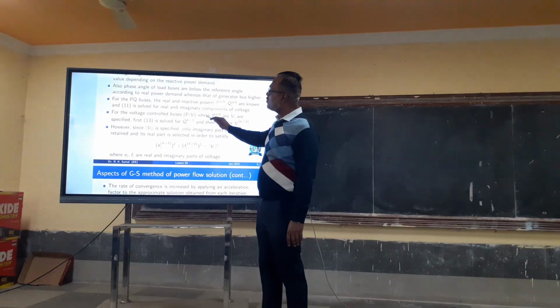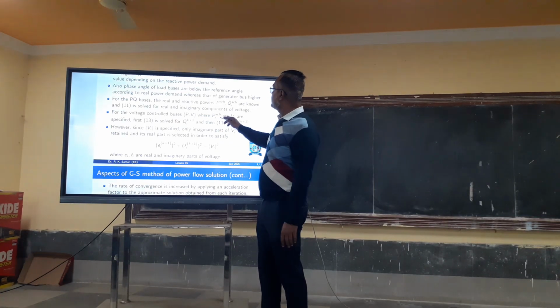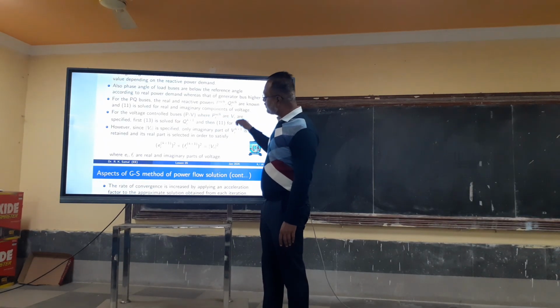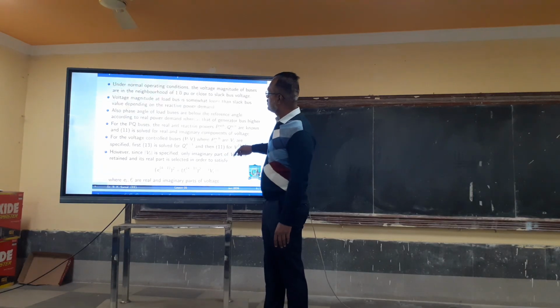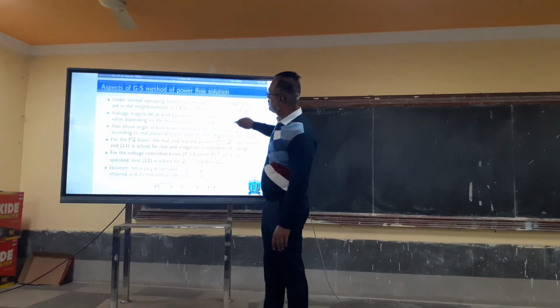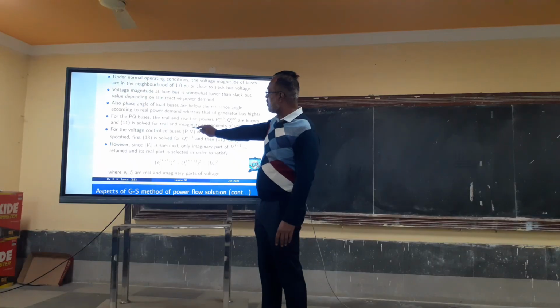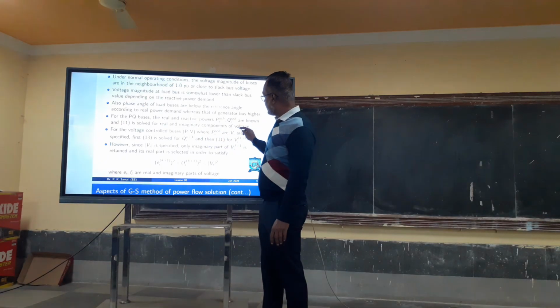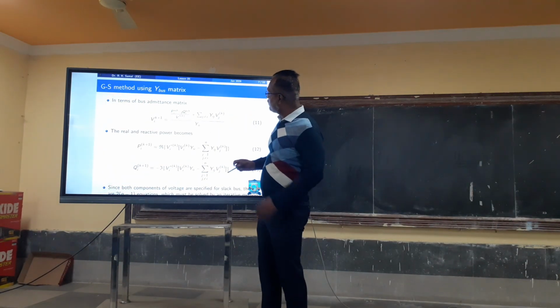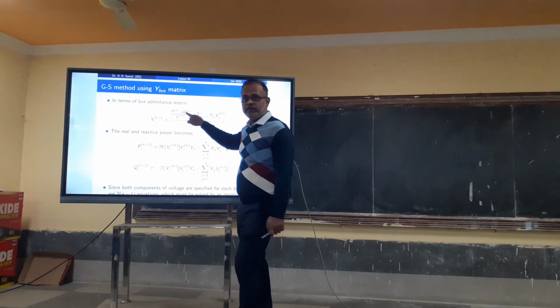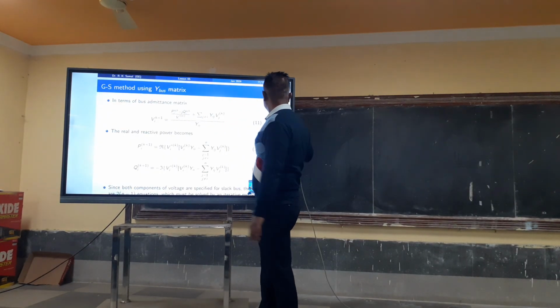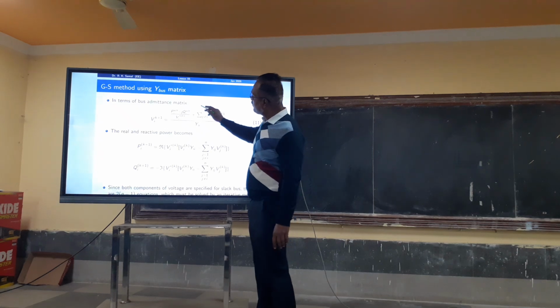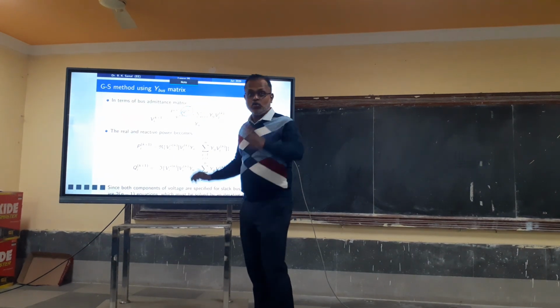For the voltage-controlled buses or generator buses, where Pi is scheduled and the voltages are specified, first Qi is solved, then the voltage is solved. Because you cannot get this for a PV bus. It's a very important point. For a PV bus, this is not known.